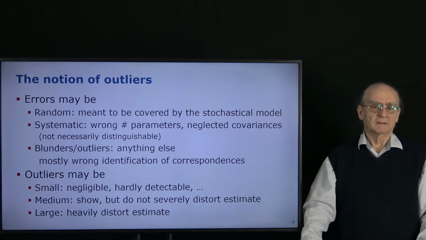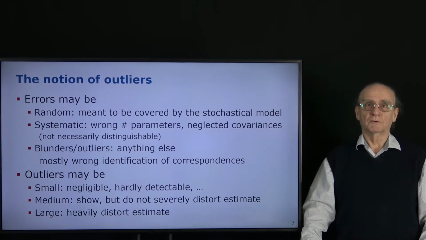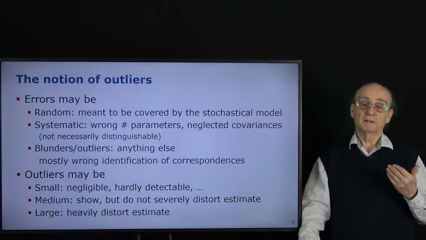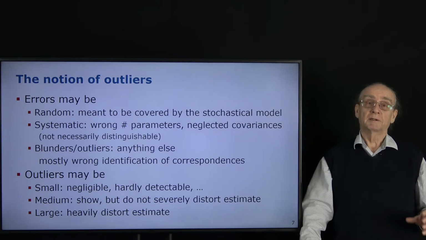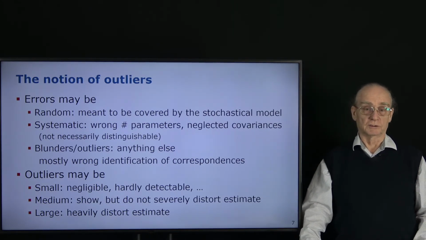So, and these outliers we also could distinguish. They may be very small, so they may be even smaller than we can detect them, or they may be hardly detectable. They may be large, but still not detectable because our configuration is not good enough.